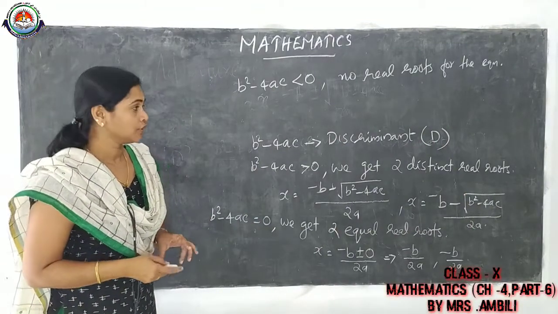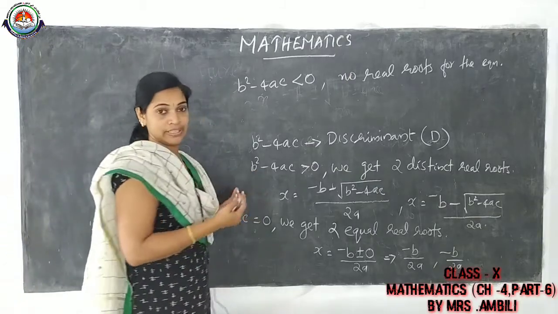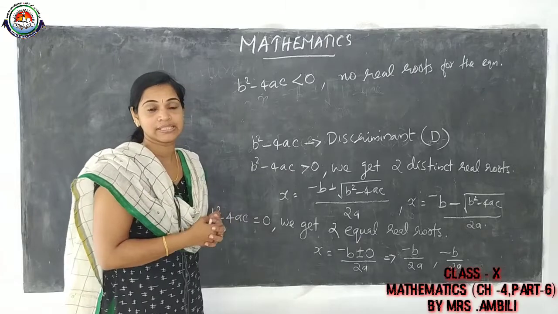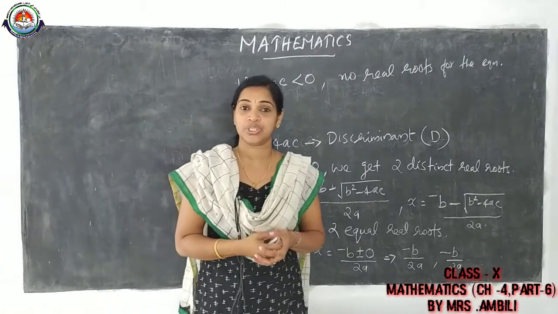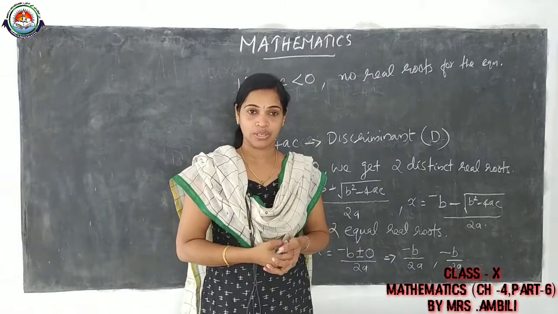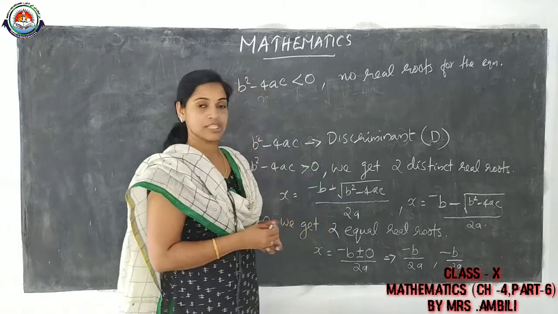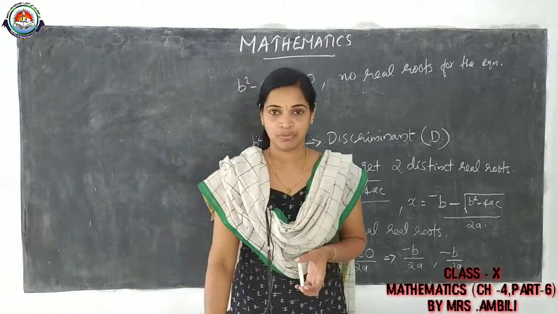Clear? Therefore the discriminant b square minus 4ac tells us whether the equation has real roots or not. So today we are going to discuss the nature of roots.